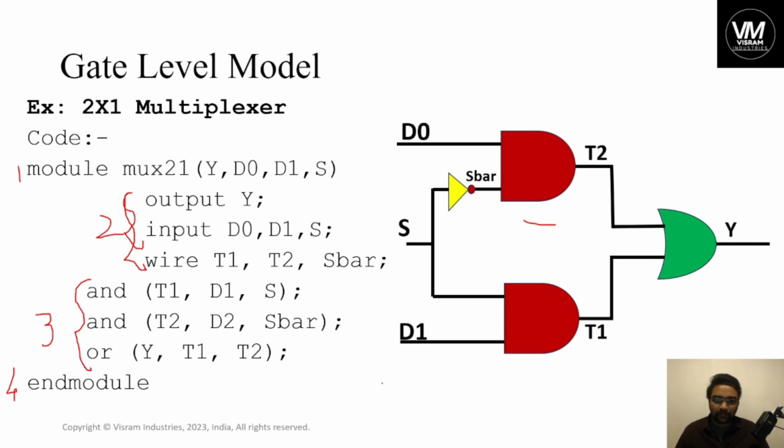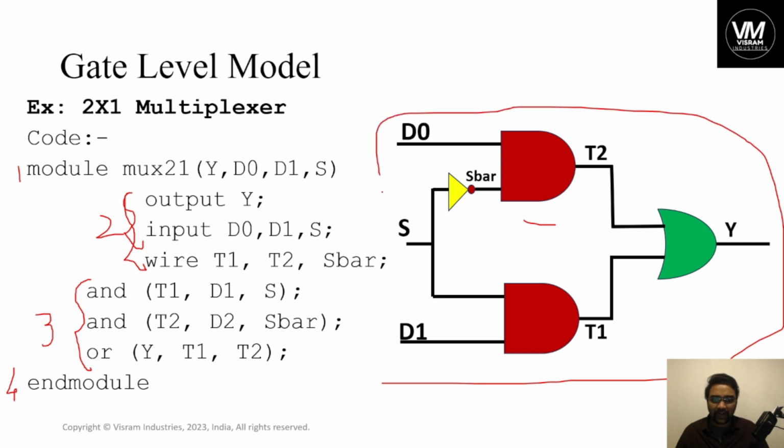So based on the logic circuit, understanding this logic circuit and the connections and connectivity. Okay, now D0 and S bar should be multiplied. So D0 and S bar is multiplied, and the output is given in T1.